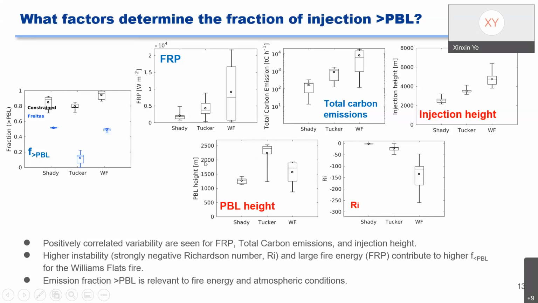Still, there is not a very clear correlation between these parameters, which means that there is not a single variable that is dominating the fraction of injection, which means that the fire energy and the environment conditions are contributing to the injection fraction simultaneously. And this needs some further investigation.